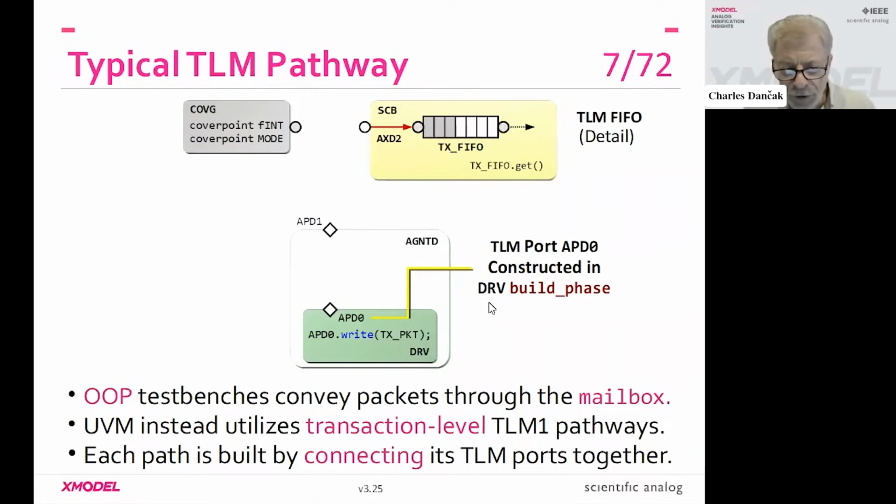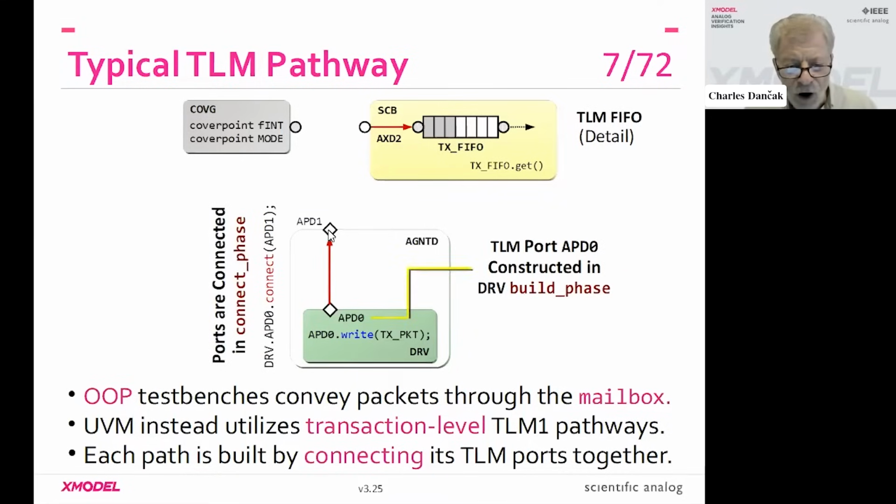So our first job is to build any ports that are necessary. This diamond shape icon is neither a regular port nor an export. It's an analysis port, meaning that it can go to more than one subscriber. We have two. And so we construct that port during build phase.